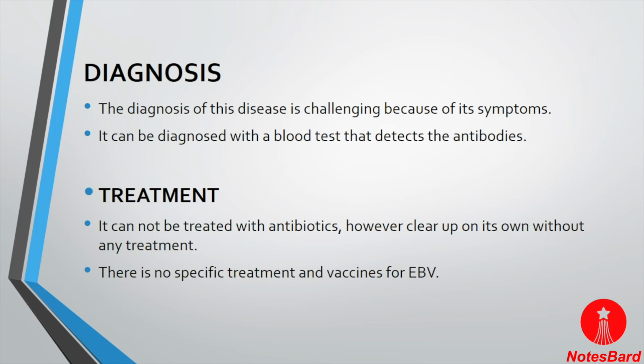But there are several blood tests or other tests by which we can diagnose mononucleosis in the patient. Some blood tests can detect the antibodies associated with mononucleosis, and that method can diagnose it. Another test, named the monospot test, is also conducted to diagnose the infection in the patient.